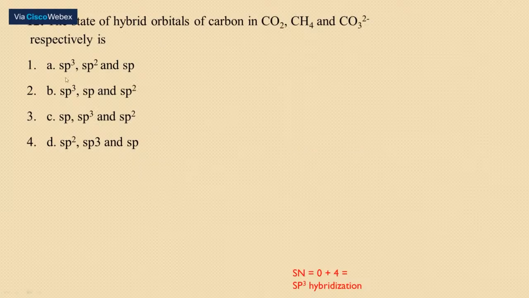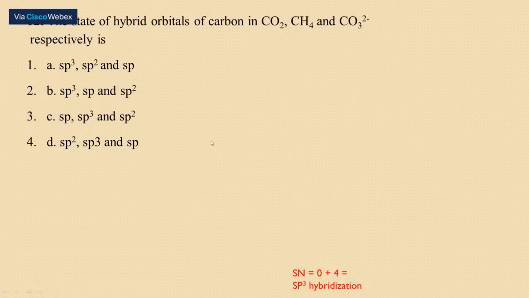The options given, in the same order, are for carbon dioxide, methane, and the carbonate ion. The first option is sp3, sp2, and sp; the second option is sp3, sp, and sp2; the third option is sp, sp3, sp2; and the fourth one is sp2, sp3, and sp.